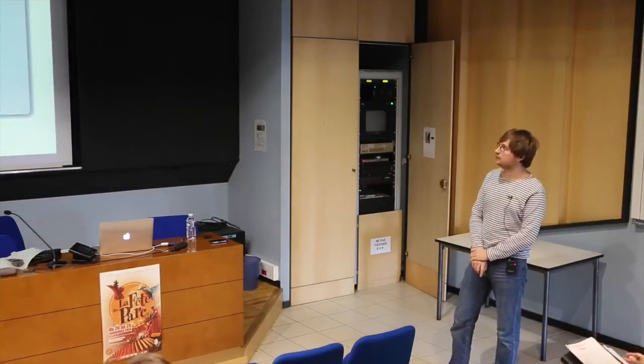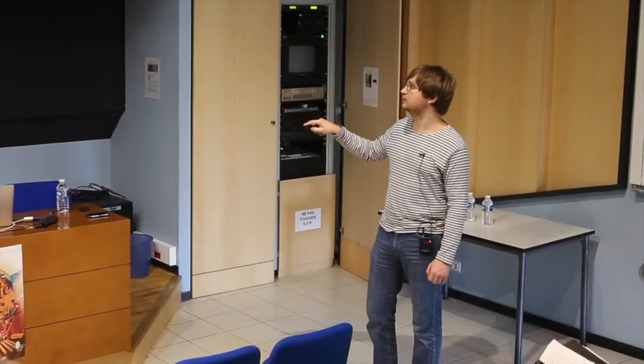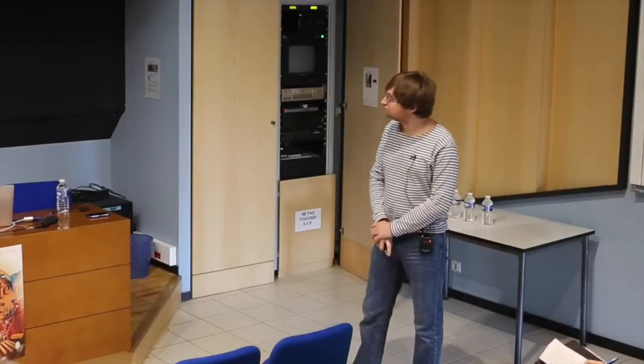So let's go back to the first steps of the evolution of the universe. You have these different successive events that occurred during the first 400,000 years here, which covers the very beginning of the universe.